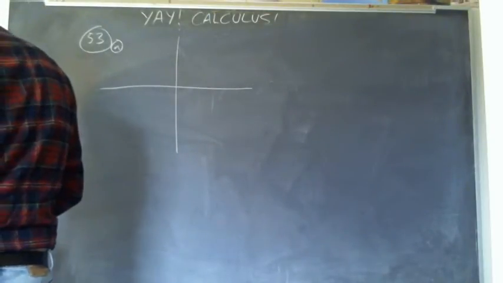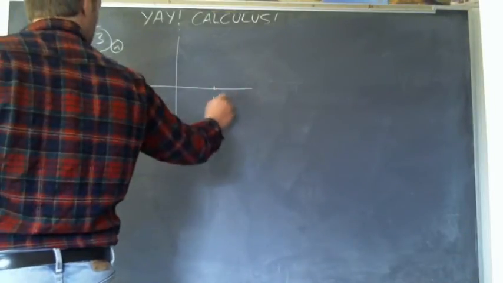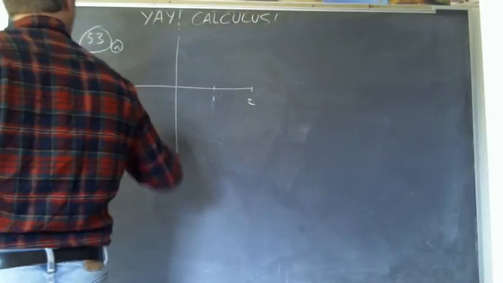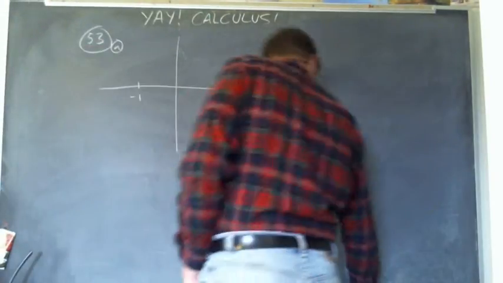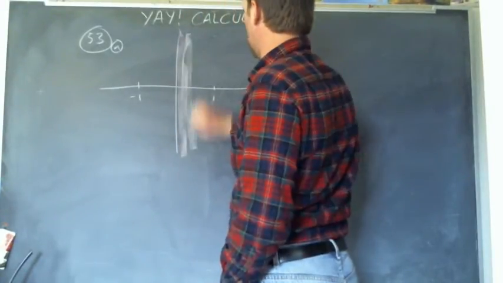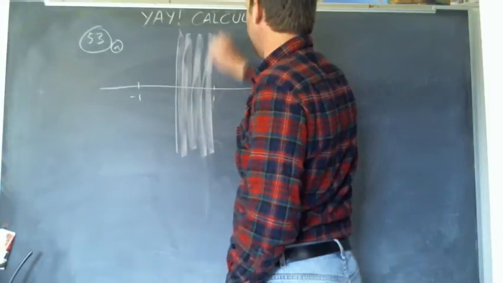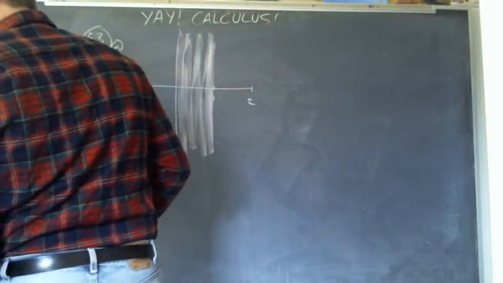Talking about from 0 to 1. So let's see, 0 to 1 and 1 to 2. So let's call this 1 and this 2. That negative 1, this is 0. So within this shaded region, x equals 0 to 1. We're going to have one particular graph, and that graph is f of x equals x.